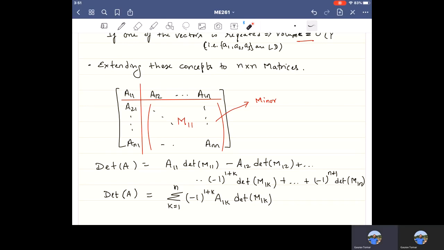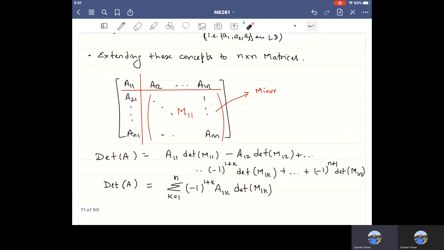You would get n such terms. In the short form, you can write the determinant as the sum of a1k into the determinant of M1k and minus 1 to the power 1 plus k.